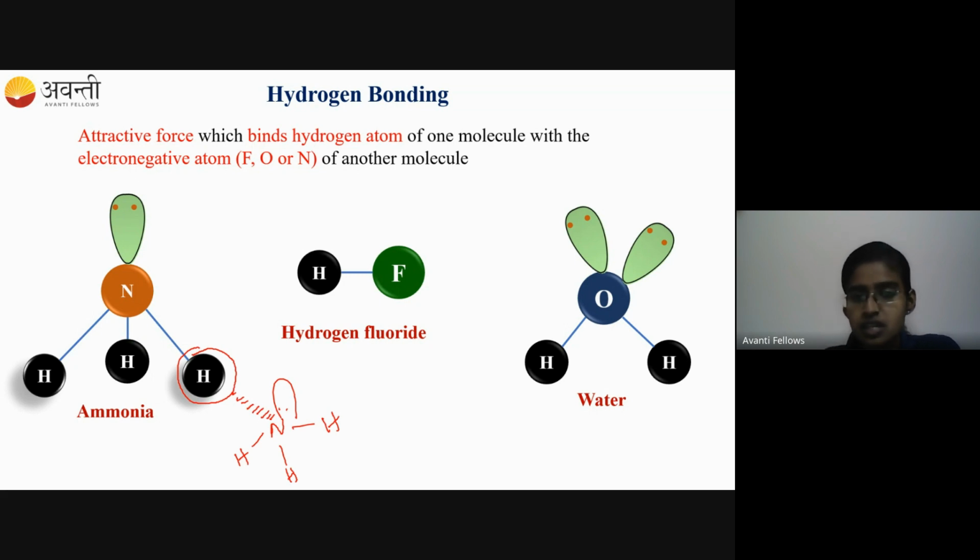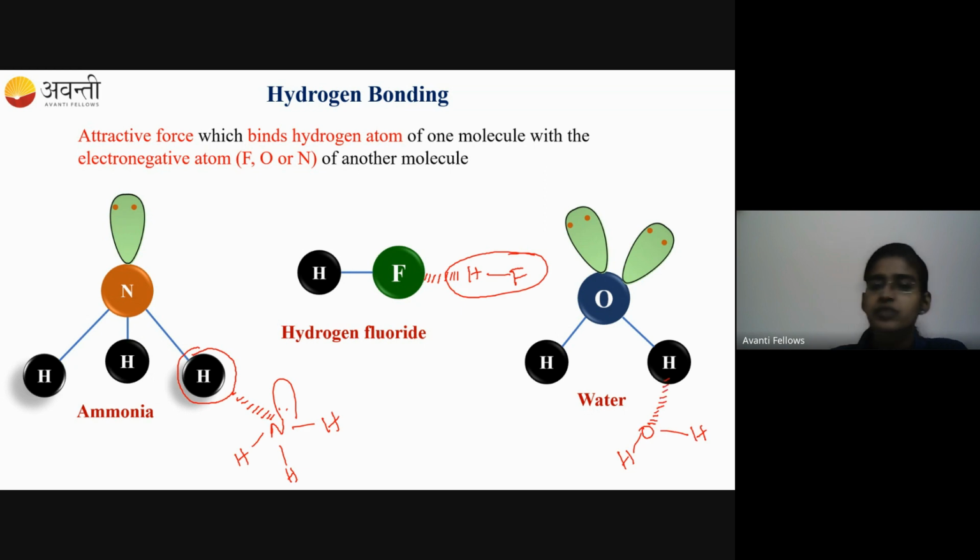In case of HF, if I put another HF next to it, the hydrogen atom of one molecule will form the bond with the more electronegative atom fluorine of the other molecule. And in case of water, let me take two water molecules. Oxygen of one forms the hydrogen bond with the other. All these dashed bonds which you can see are the hydrogen bonding.